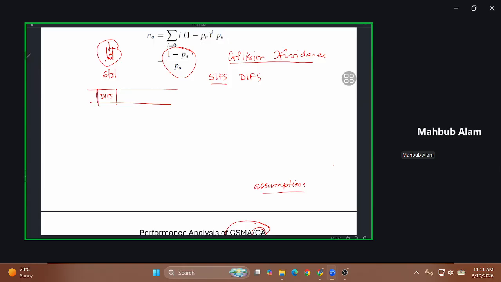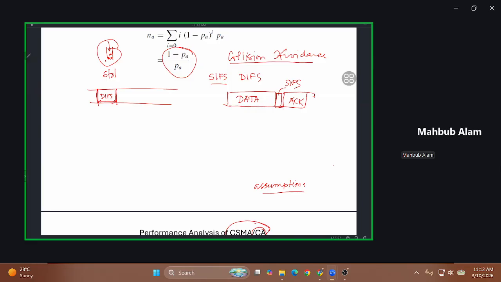Before a station starts the transmission, the channel has to be free for this amount of time. And in between a data packet transmission and an acknowledgement packet transmission, there should be a time, which we call SIFS.